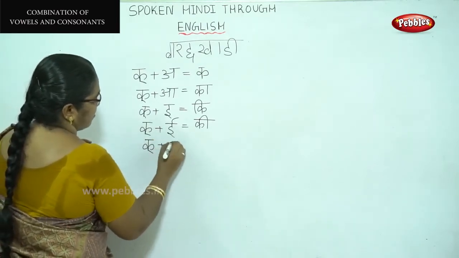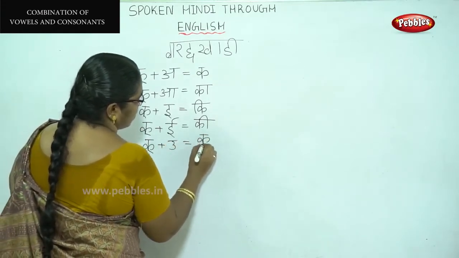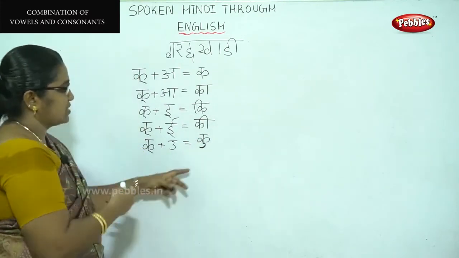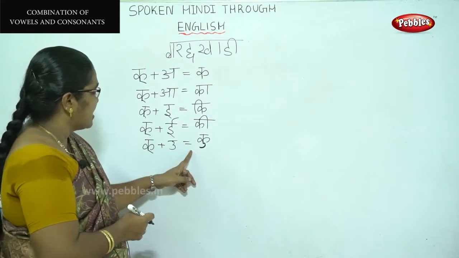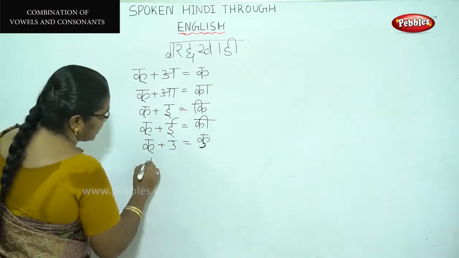Then ik plus u is ku. We have to put the mark towards this direction. This is called ku.